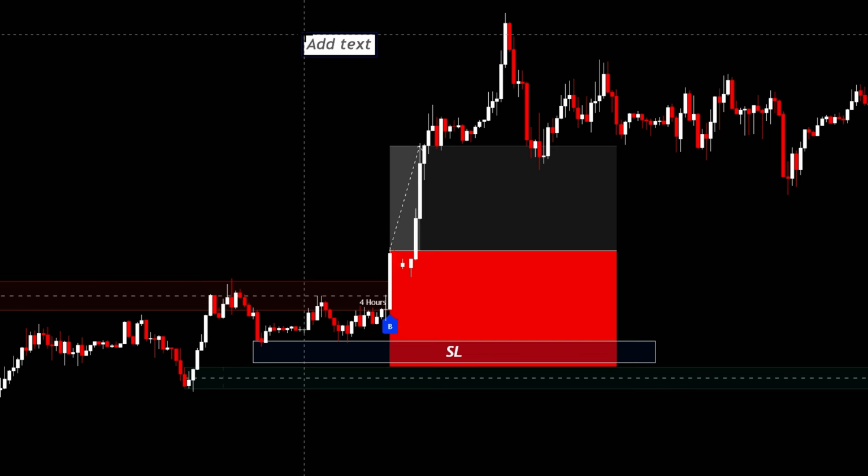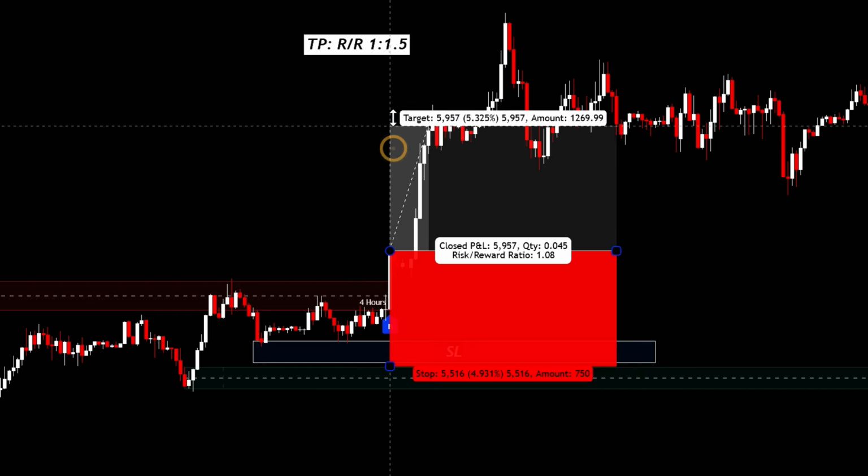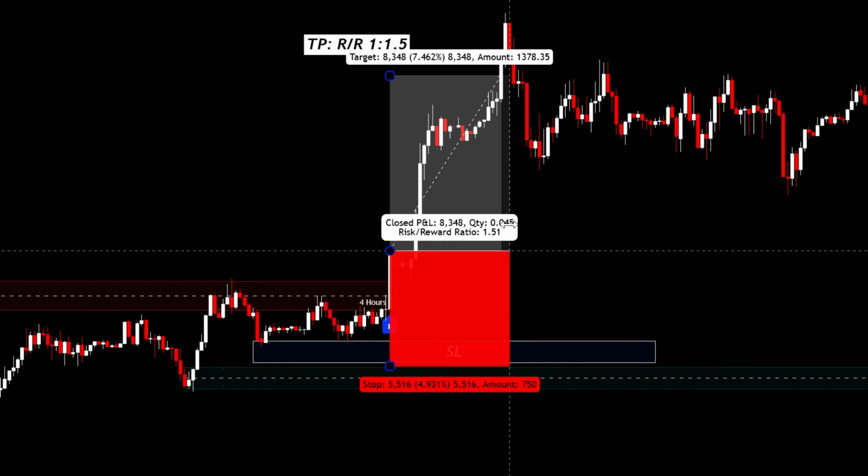And take profit is set at a minimum of 1 to 1.5 risk to reward ratio. No prediction, no anticipation, just confirmation.